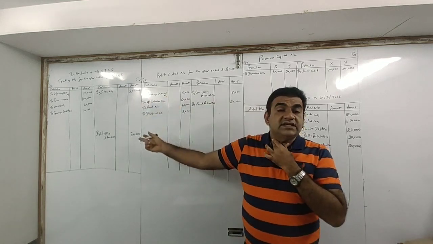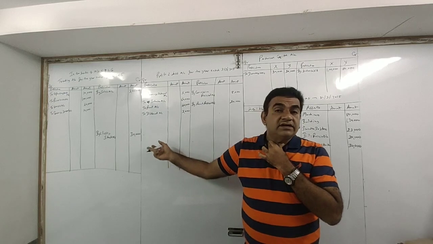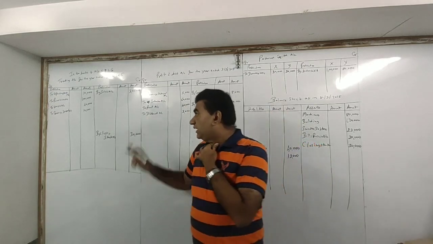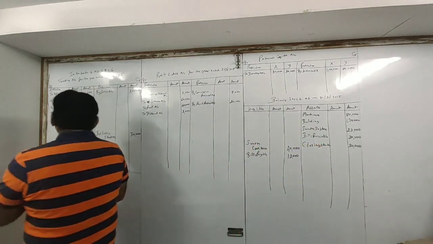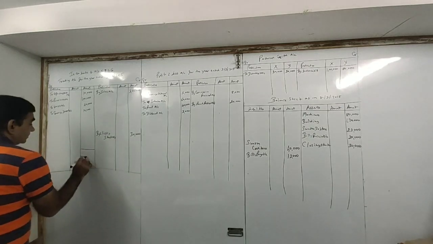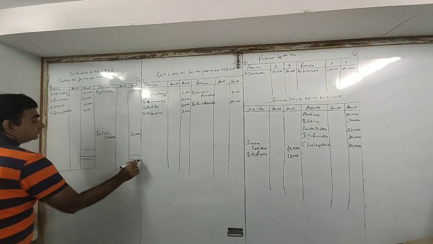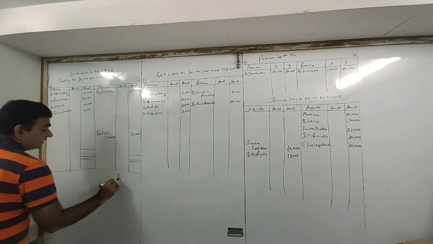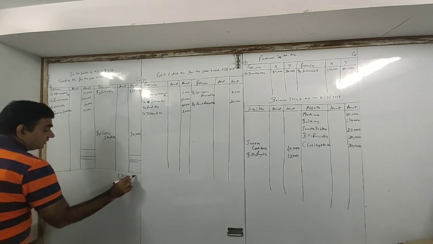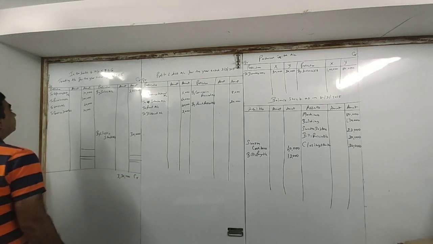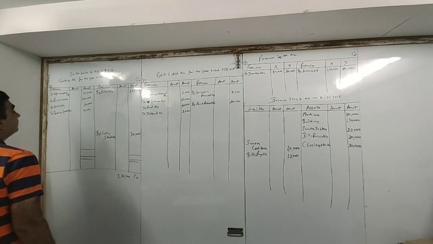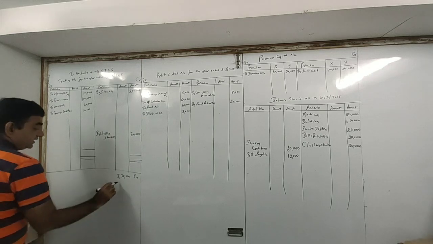What we discussed yesterday. Why are we preparing trading account? To get the gross profit. Let's close the trading account first and get the gross profit, gross loss. Let's see the total. Credit side 330. Debit side 110, 150, 160.